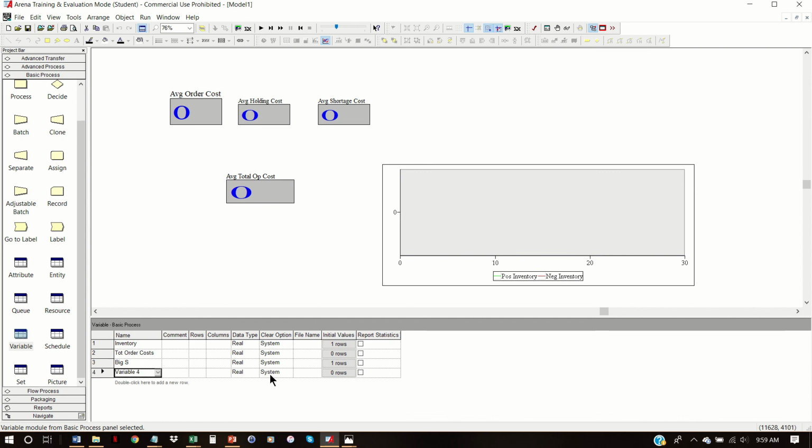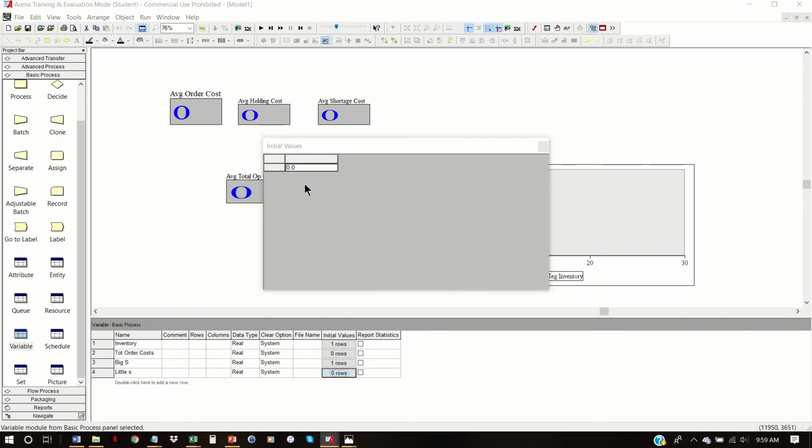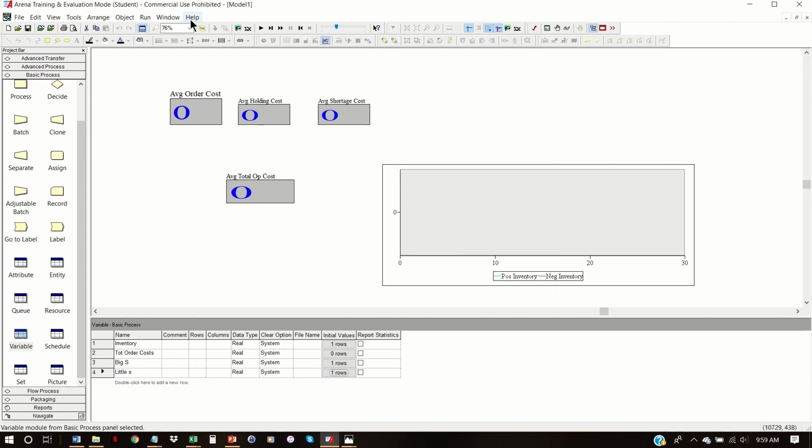And then we can have our little s. Let's say we reorder when the stock goes down to 20. We can go ahead and hit play.